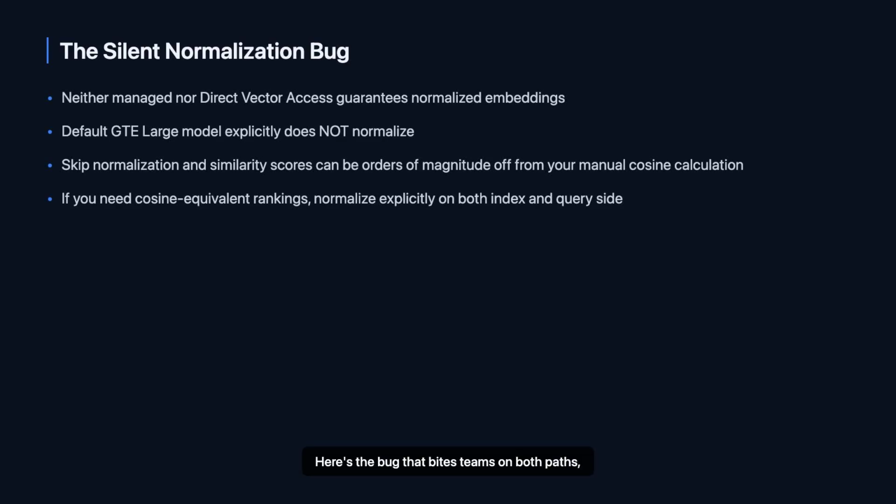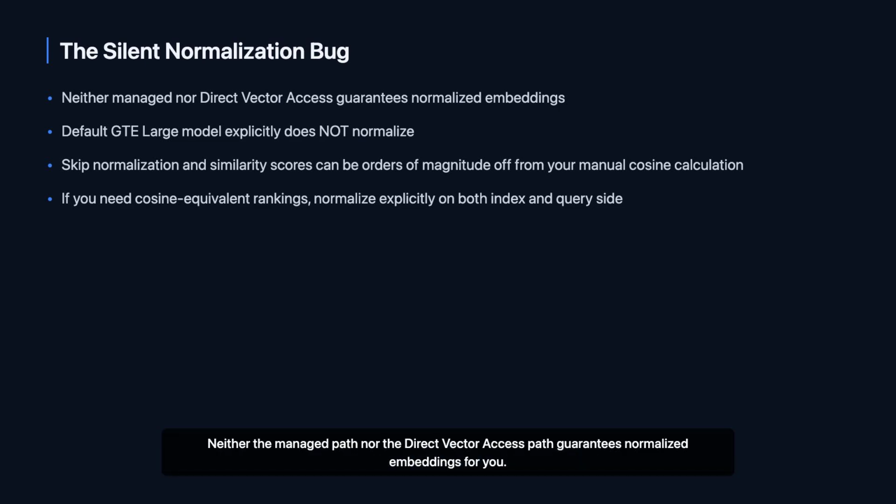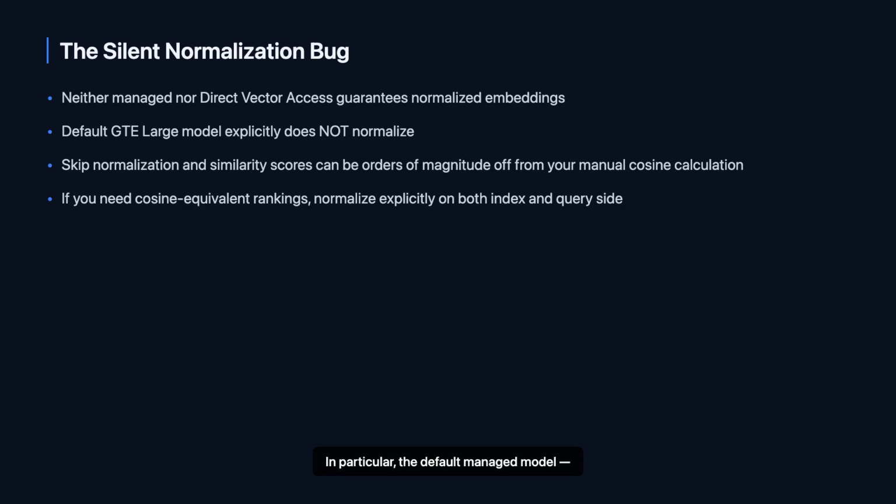Here's the bug that bites teams on both paths, and the part most people get wrong. Neither the managed path nor the direct vector access path guarantees normalized embeddings for you. In particular, the default managed model, GTE Large English, explicitly does not produce normalized vectors, so the L2 default does not silently become cosine just because you picked the managed option.